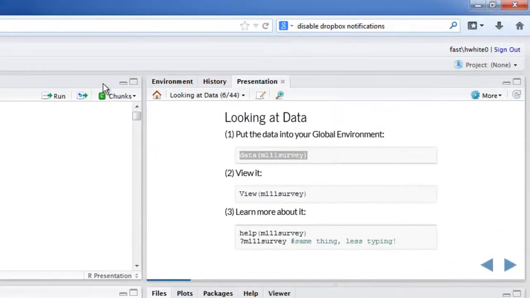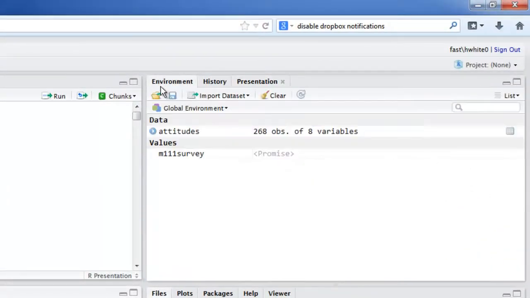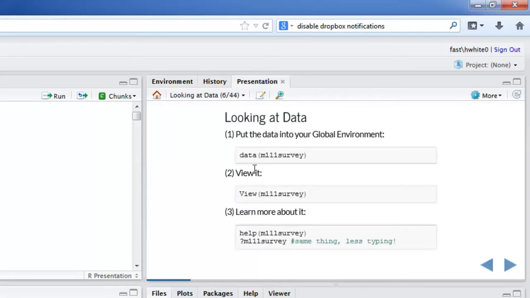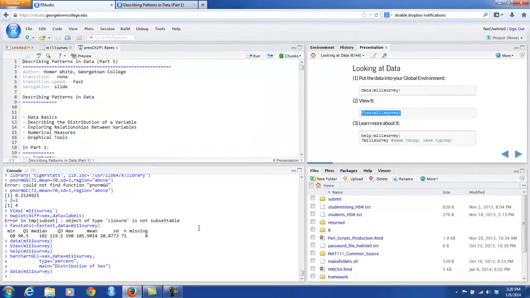And if you just take a quick look at your environment, you'll see that Math 111 survey has come in as a promise, so it's sort of halfway there. To actually get a look at it, you need to view Math 111 survey. Let's copy and paste that. Of course, you could type this directly for extra practice.